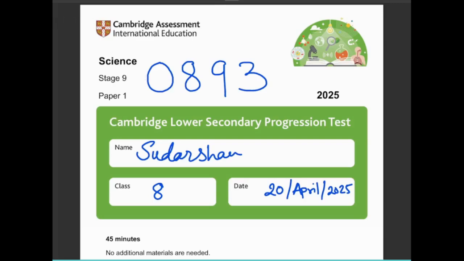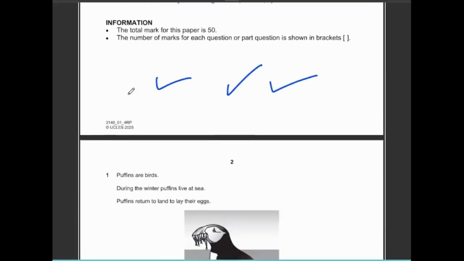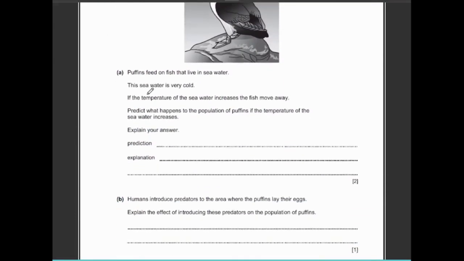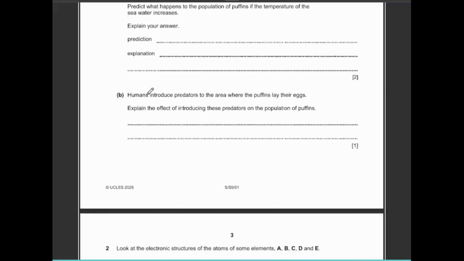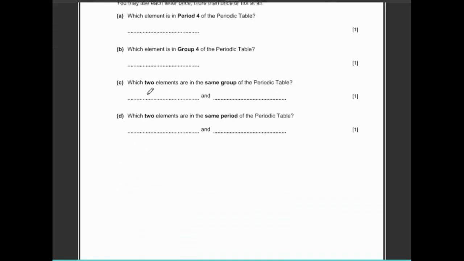These kinds of questions were repeated for the checkpoint exam, and that's a great thing: if you have practiced this paper on IGCSE Sudarshan Studio before the examination, definitely it must have helped you.